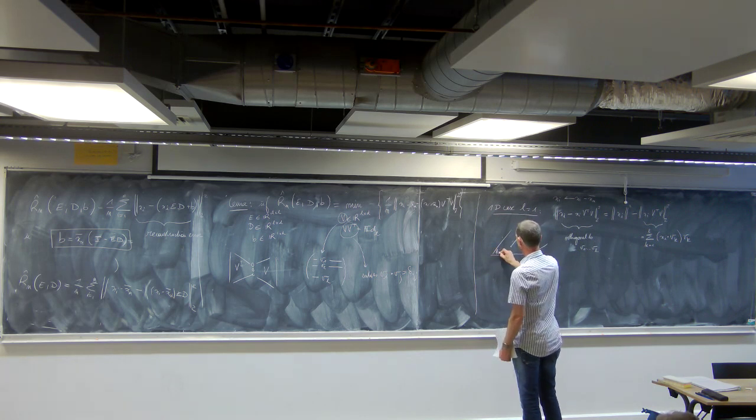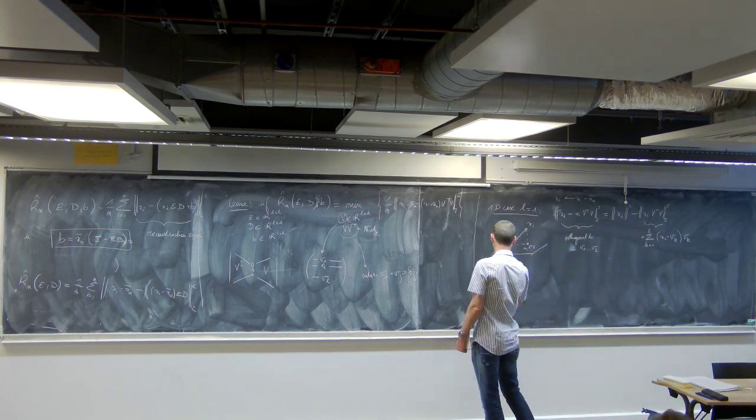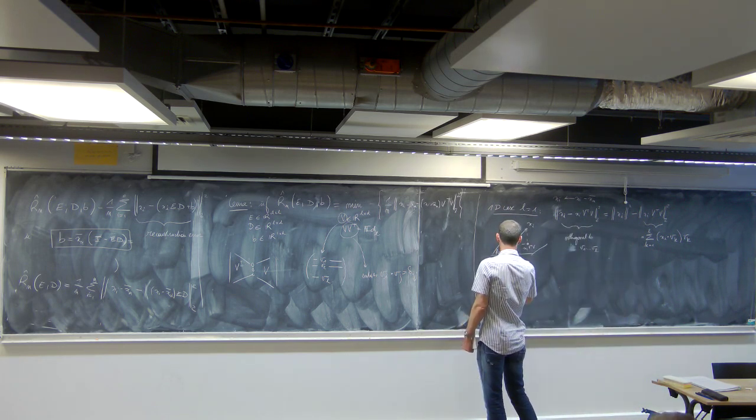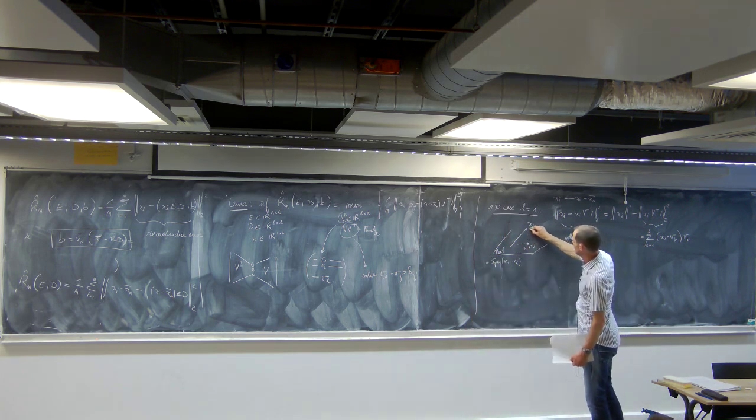You would here have the range of V. Here you would have xi v transpose V, so the orthogonal projection onto the space spanned by V1 to VL. And then the reconstruction error, it's that thing here.